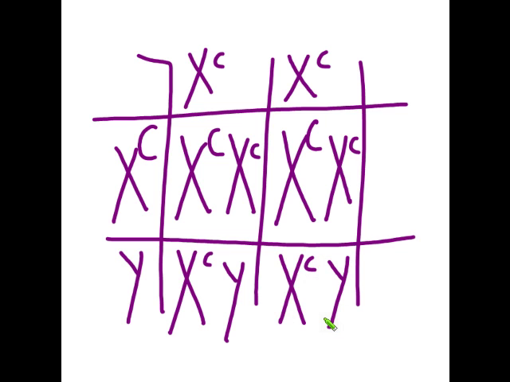Now if you look at this, we can see that this girl is a carrier, this girl is a carrier, this boy has the disease, this boy has the disease. You can see that the boys always get the gene from the mother because the X chromosome comes from the mother.